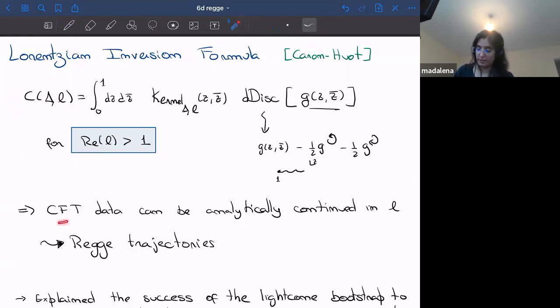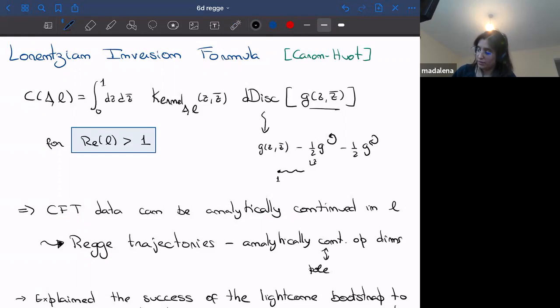So in this sense we say that the CFT data can be analytically continued in L. And so we find the Regge trajectories, which are the analytically continued operator dimensions, which are the poles of this function.